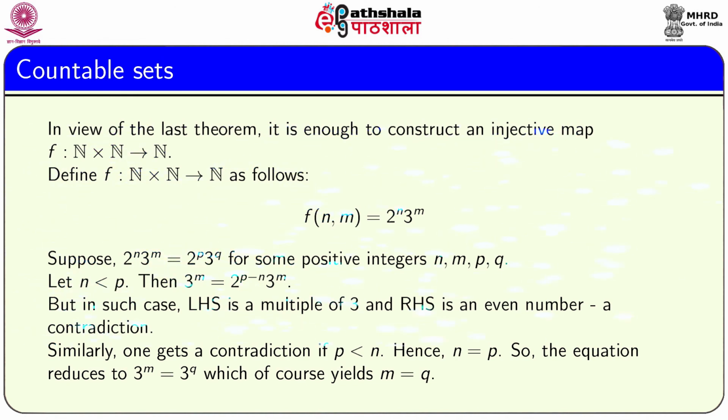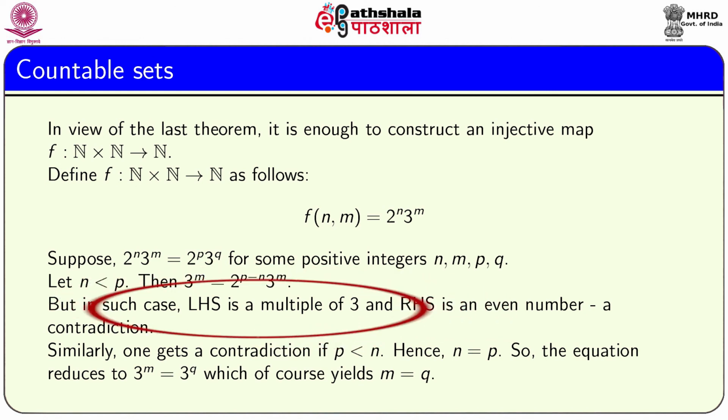Suppose 2 to the power n times 3 to the power m is equal to 2 to the power p times 3 to the power q for some positive integers n, m, p, q, and we further assume that n is strictly less than p. Then we have 3 to the power m is equal to 2 to the power p minus n times 3 to the power q.